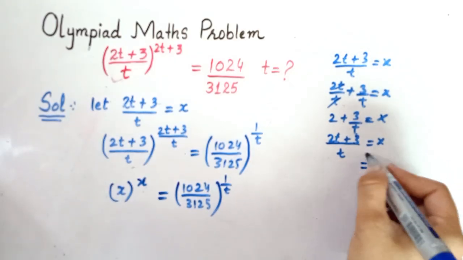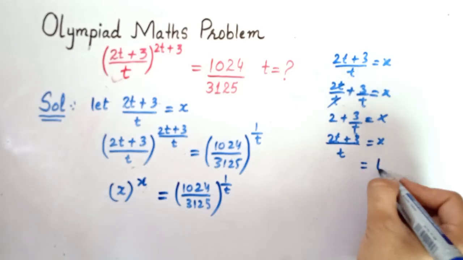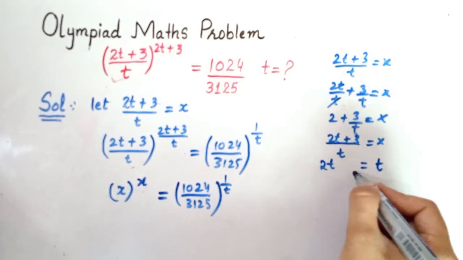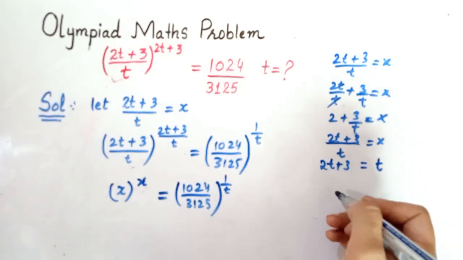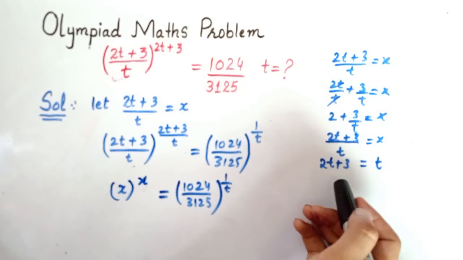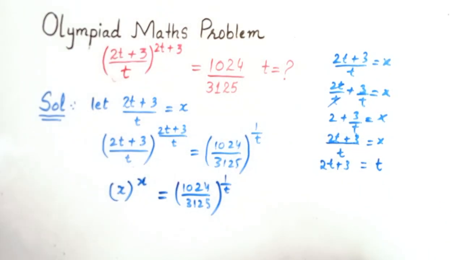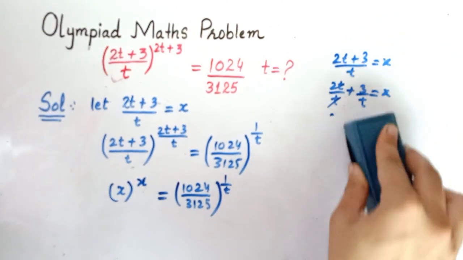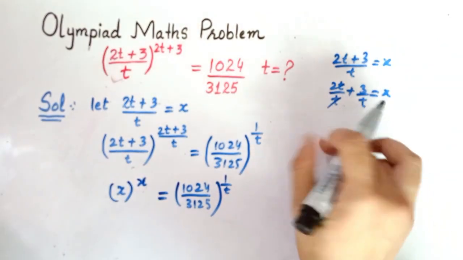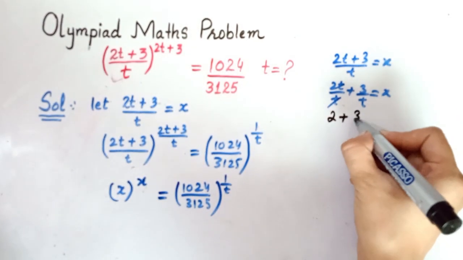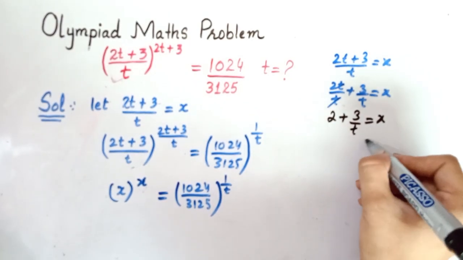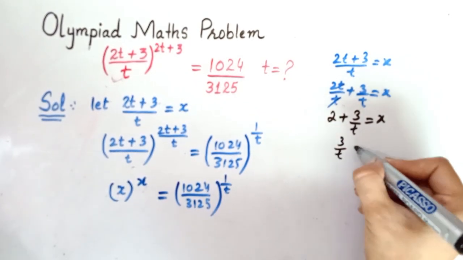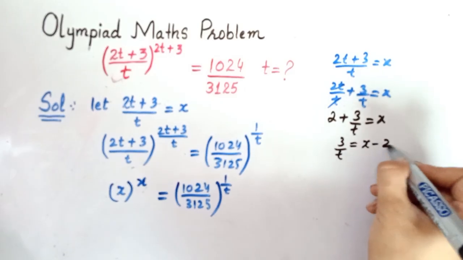Or we will solve this in an easier way: 2 plus 3/t equals x. Now this 2 is subtracted here, and we get 3/t equals x minus 2.